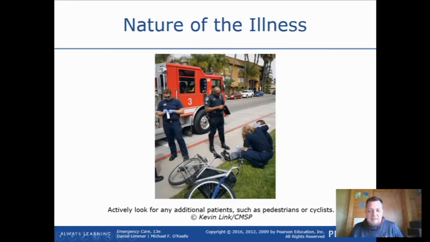This guy was probably doing a marathon or some type of triathlon with his bike, because he really doesn't have the right shoes on and he's got pants on. So he's probably the only patient there, but just make sure that you're looking and seeing what else is going on. Okay.